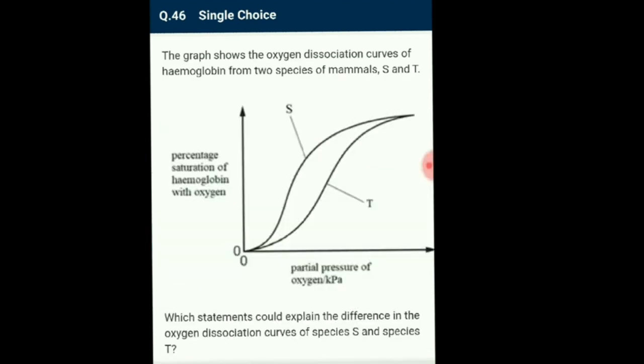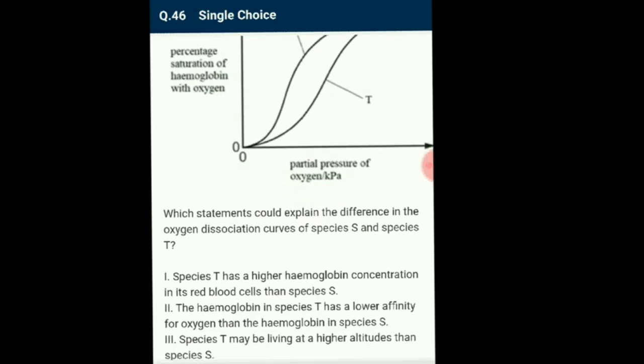Question number 46. The graph shows the oxygen dissociation curves of hemoglobin from two species of mammals, S and T. Which statement could explain the difference in the oxygen dissociation curves of species S and species T?